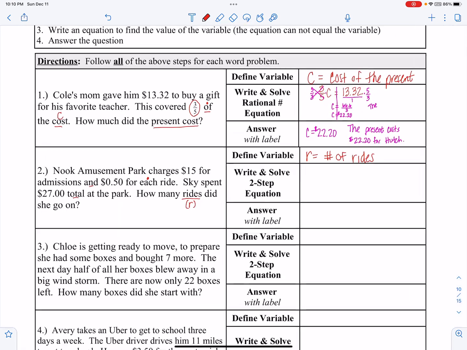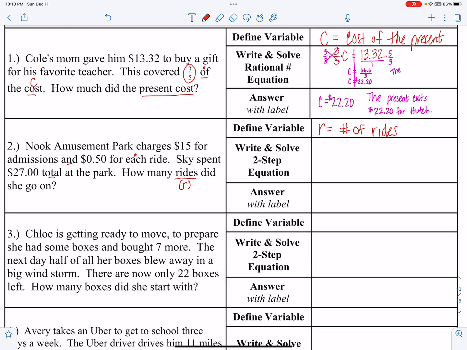Now let's translate this question into an equation. They charge $15 for admission, so that's a one-time thing. Plus, there's 50 cents for each ride, and I identified a ride as variable R, so I can plug it into my word problem here.